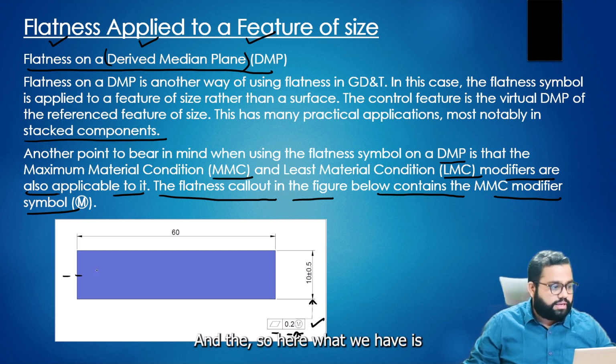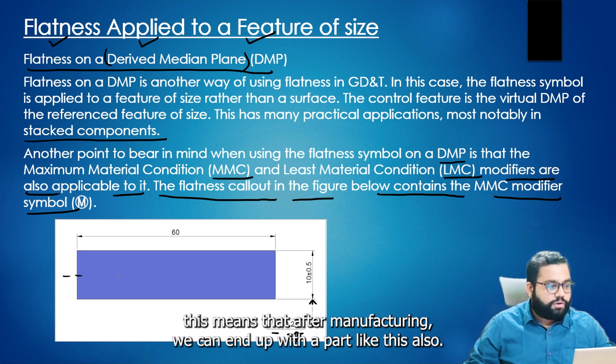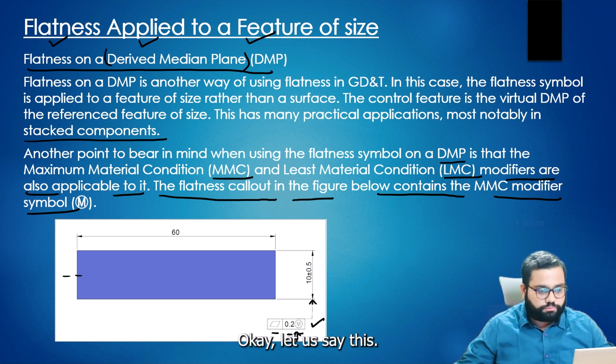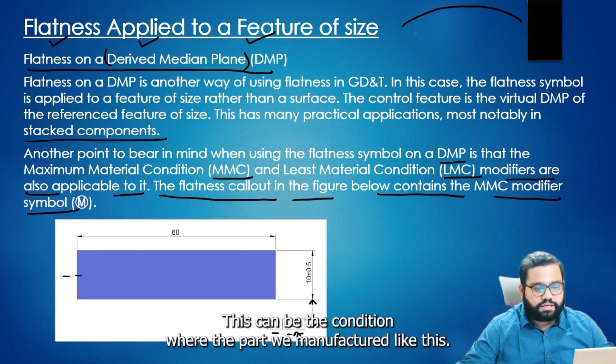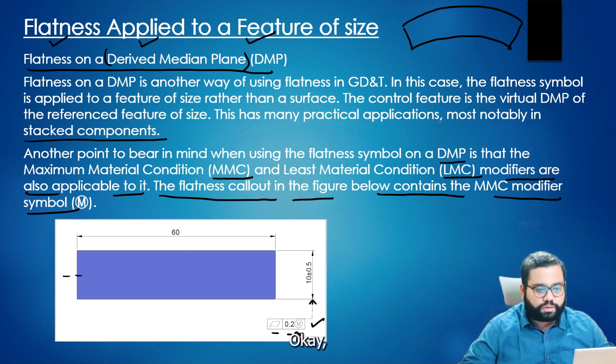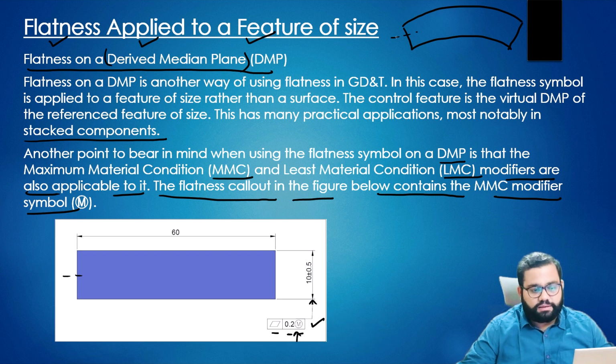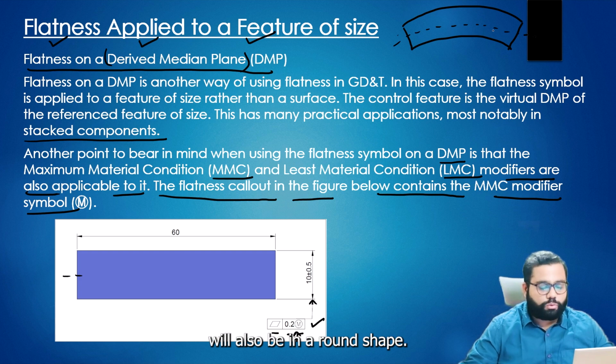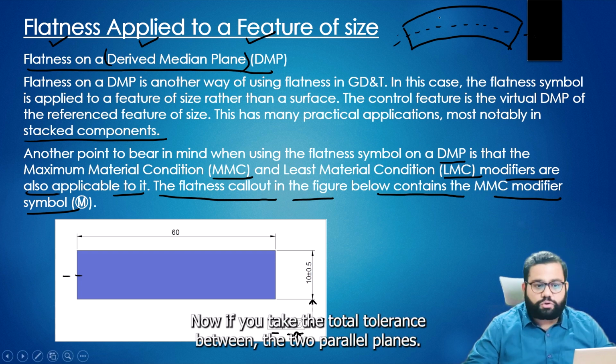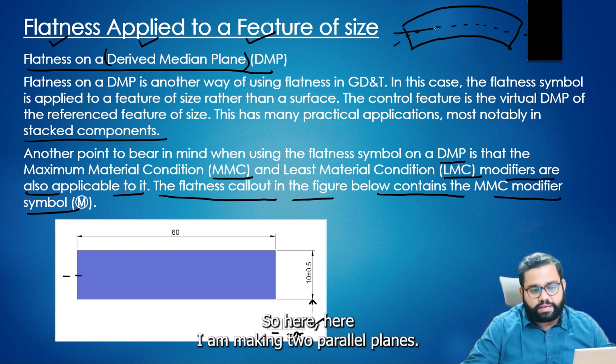After manufacturing, we can end up with a part like this also, where the part is manufactured tilted. The center plane of the part will also be tilted, in a round shape. Now if you take the total tolerance between two parallel planes, here I am making two parallel planes.